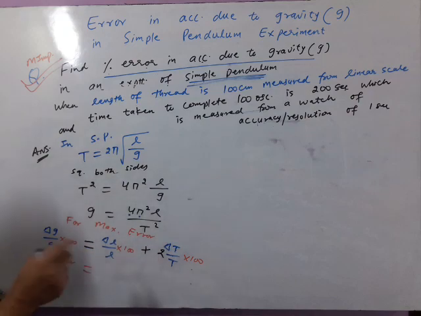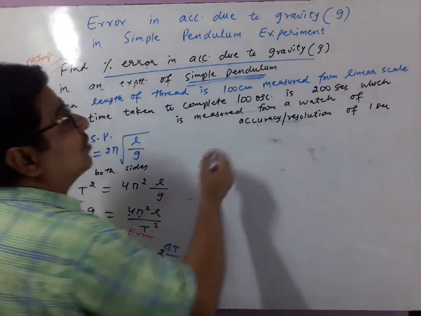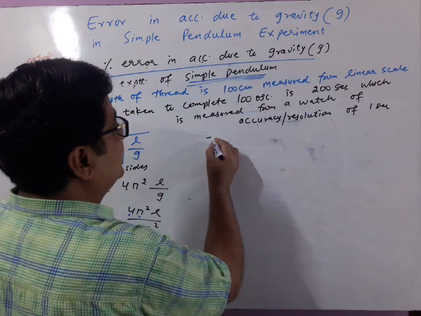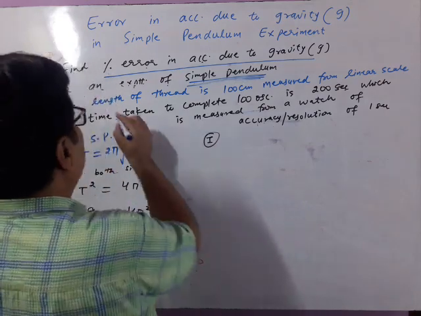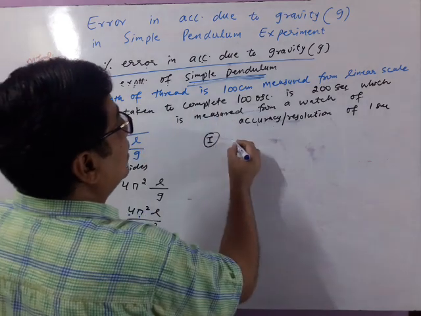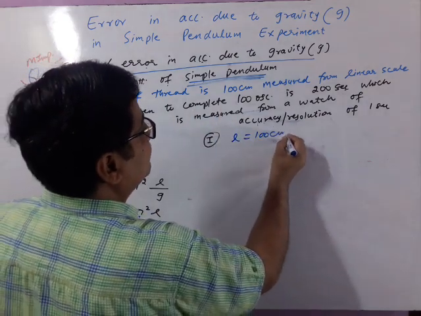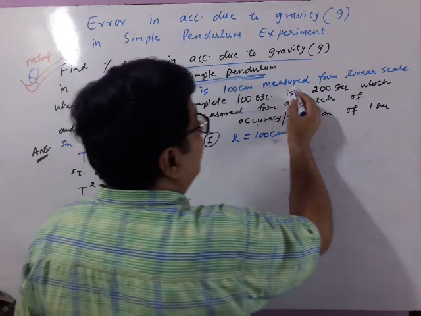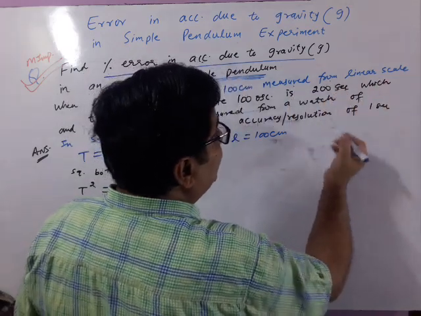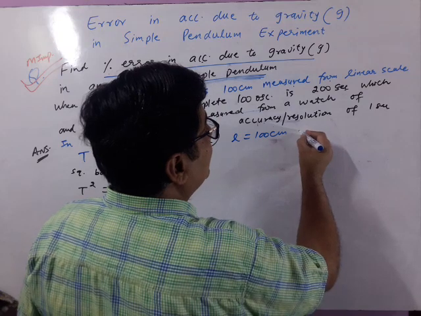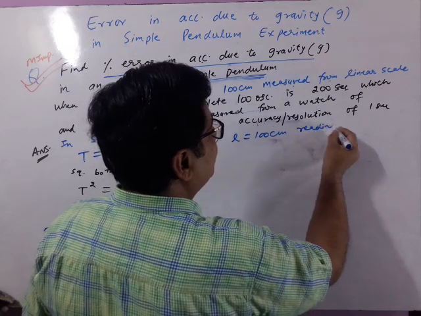Now question is modified. What is the meaning of this line? See, step 1. Length of thread is 100 centimeter and it is called measured from linear scale. It means reading taken from linear scale.